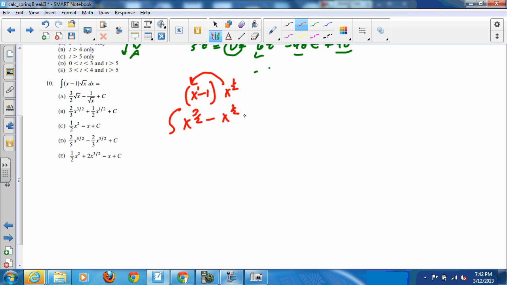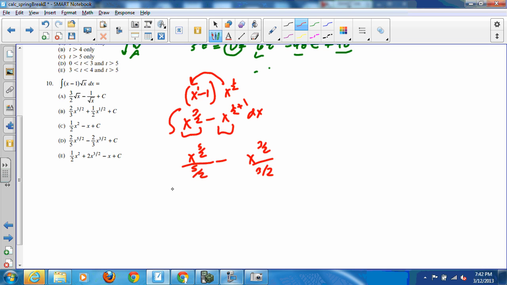And now we're taking the integral of this, right? So you can basically split this up into 2 parts since we're adding or subtracting. So add 1 to 3/2 and you get 5/2 over 5/2, minus, add 1 to 1/2, you get 3/2 over 3/2.